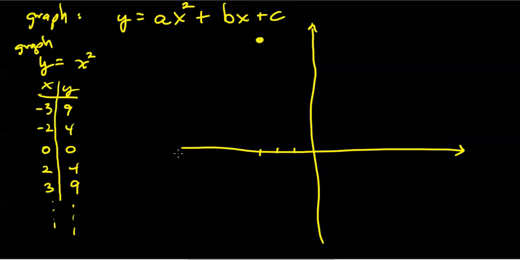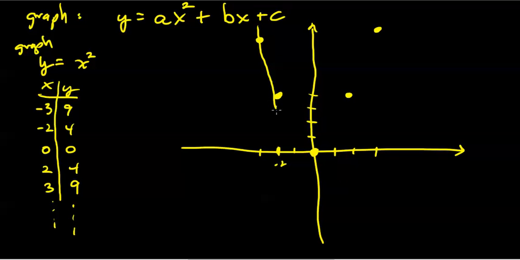I'll put it up here. If x is minus 2, y is positive 4. If x is 0, y is 0. If x is 2, y is 4. We'll see the values repeating. If x is positive 3, y is 9. And I think you can see what's happening here.